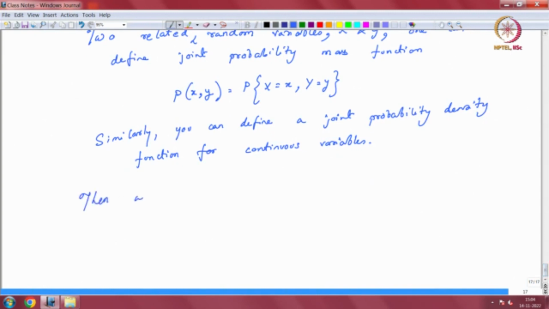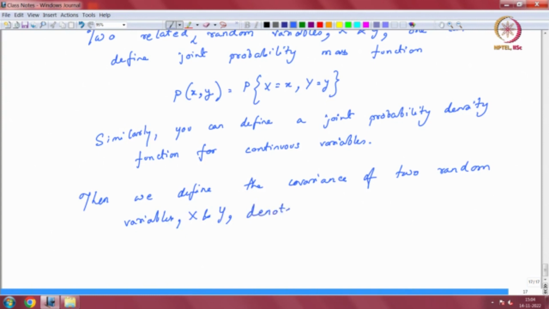Right. So, now we want to define something called covariance, and so then we define the covariance of two random variables capital X and capital Y, denoted as COV.